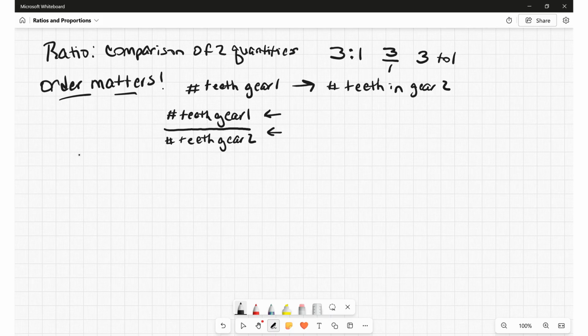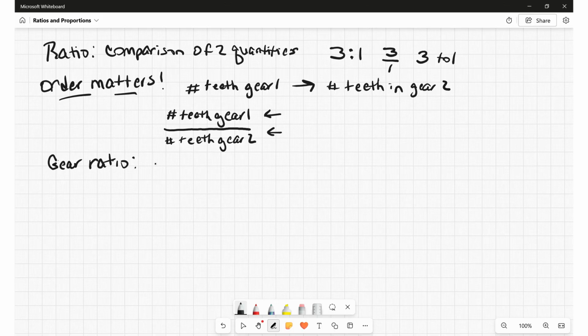All right. So let's look at some gear ratios since we're talking about gears. Okay. So we have a gear ratio. This is one of our common ratios that we're going to see in this course.